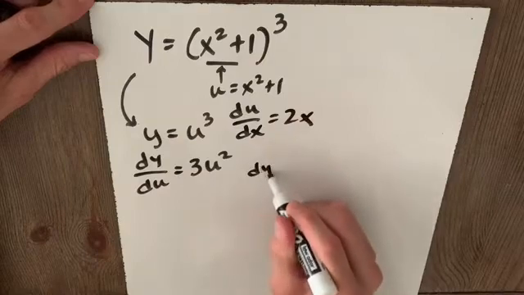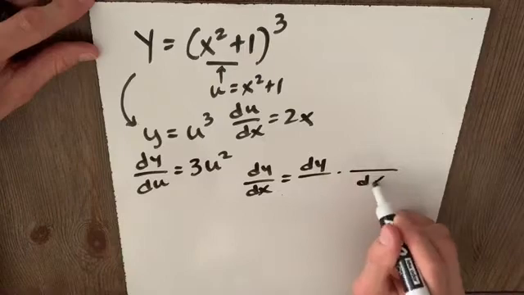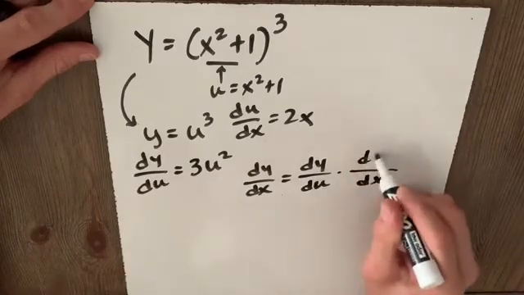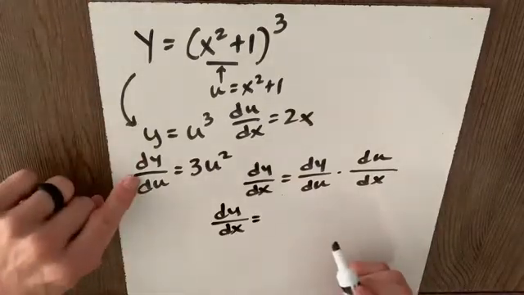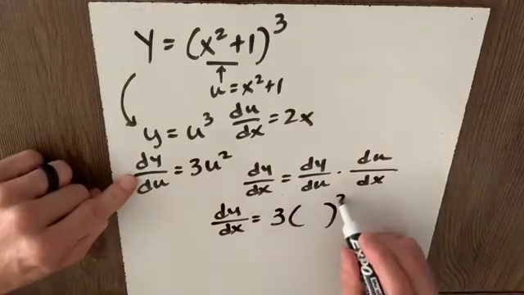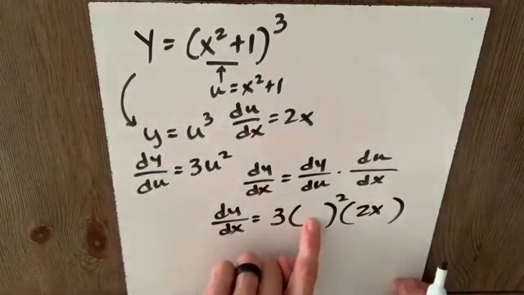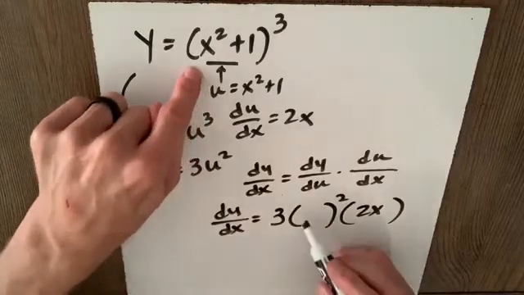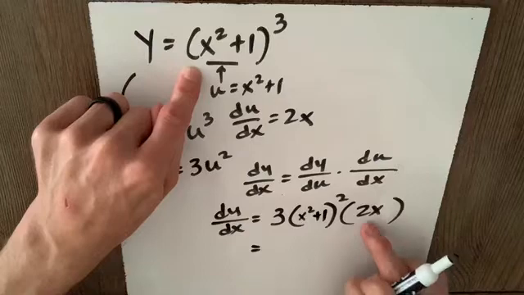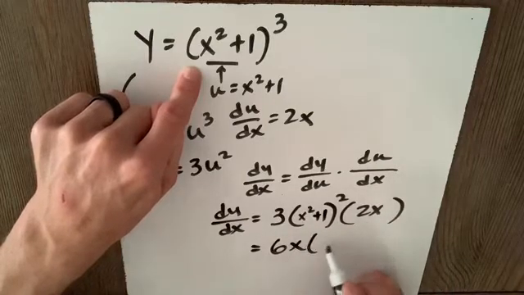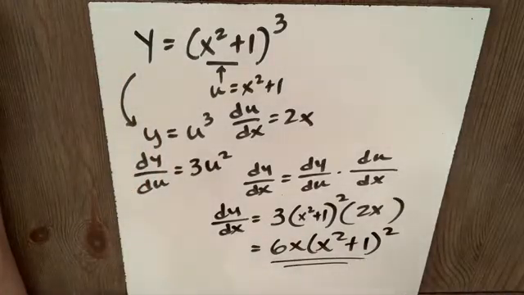Chain rule, dy/dx is equal to dy/du times du/dx. The middleman is du. So dy/dx is equal to dy/du, 3u squared, times du/dx, which is 2x. Now, notice I didn't put u, did I? U is equal to x squared plus 1. So what's our derivative here? 2 times 3 is 6x times (x squared plus 1) squared. There's our derivative right there.